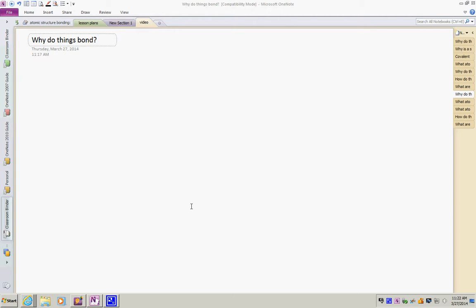All right. So why do things bond in general? Same as you might have heard before, when something bonds, it is trying to lower its energy, in the process becoming more stable.